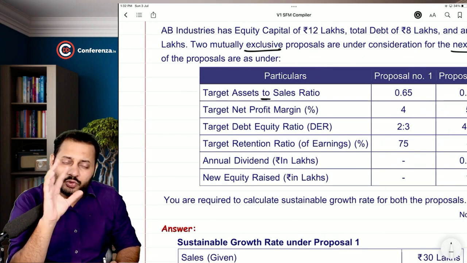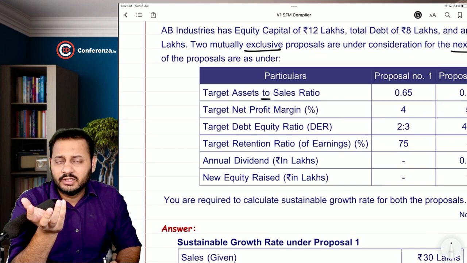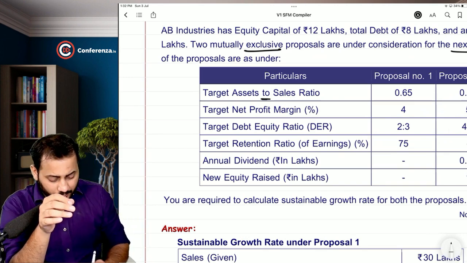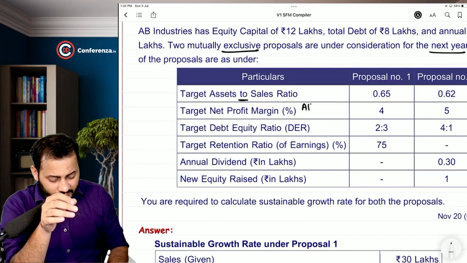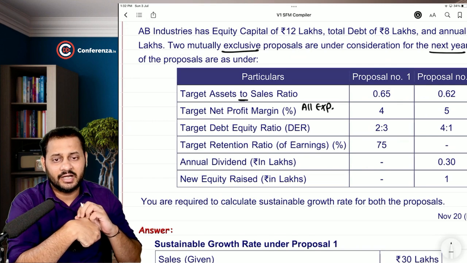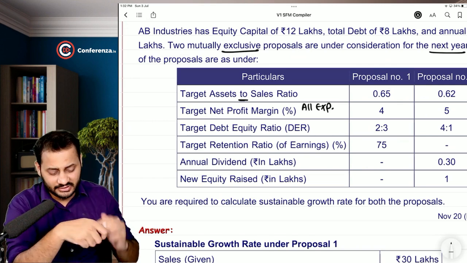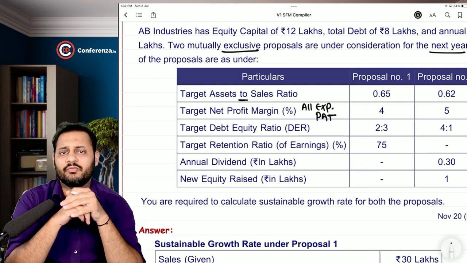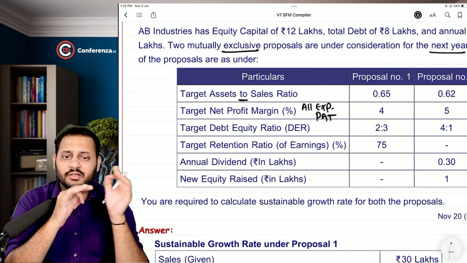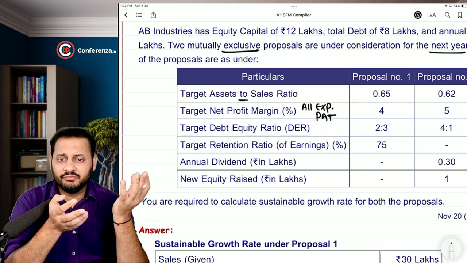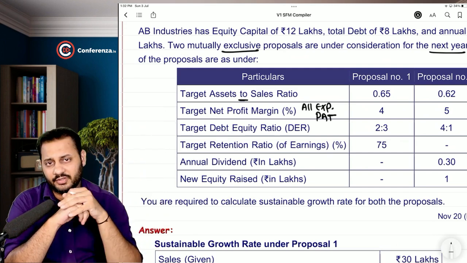It was only operational expenses which were deducted from operating margin. But net profit margin means all expenses have been deducted, including operational and financial expenses. So this is nothing but profit after tax, or you can say profit before tax if the tax rate is given. When the tax rate is not given in this question, we will assume this as profit after tax.